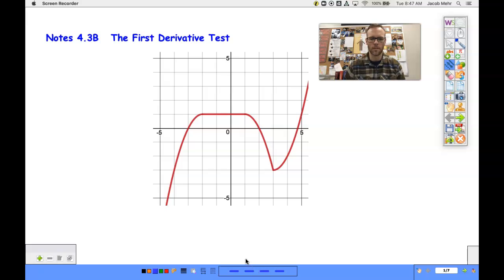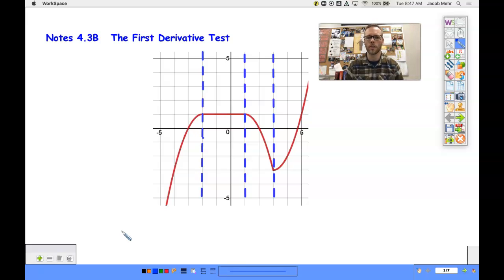So I'm going to use a vertical dashed line to split it into the intervals that I see. Okay. So what's different in each of these intervals?